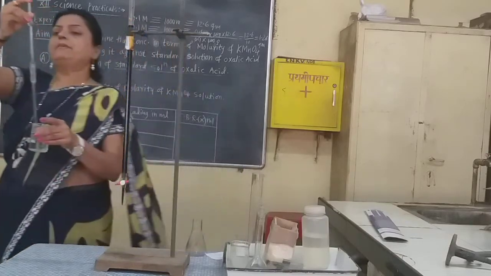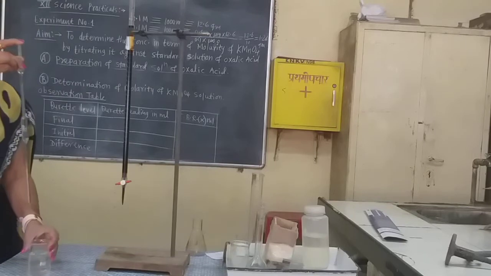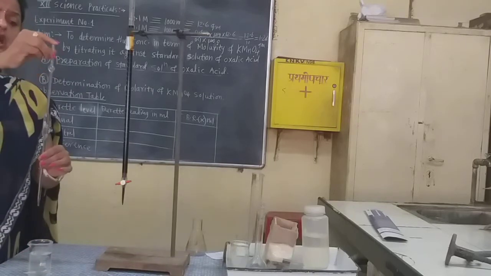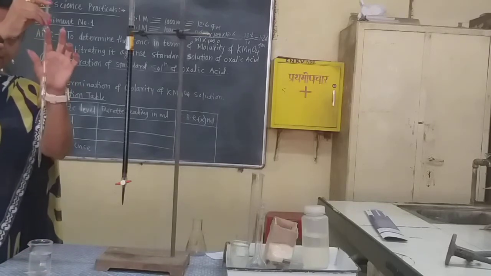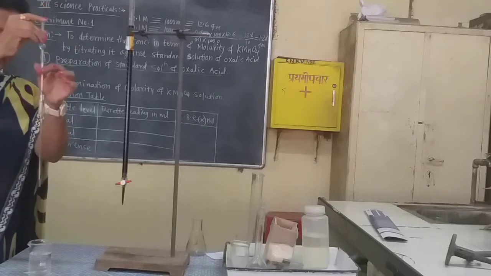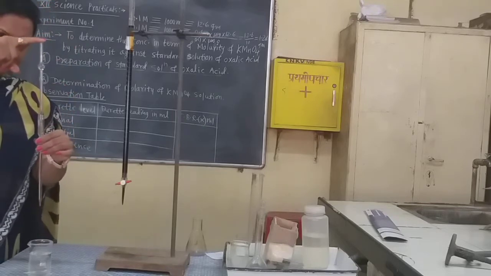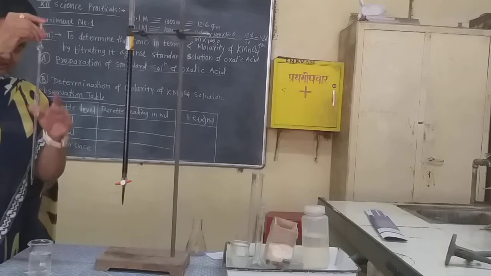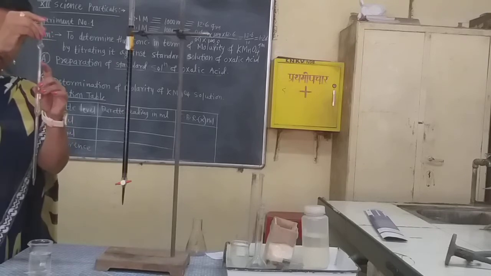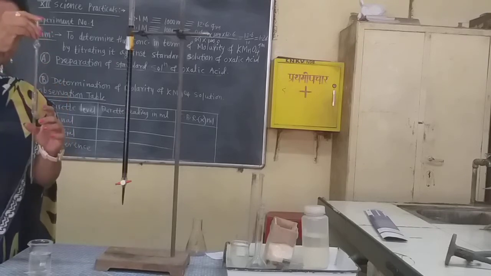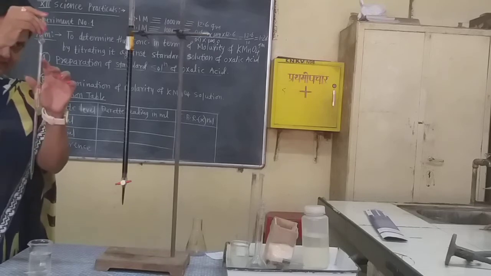Always pipette out the oxalic acid solution, or any pipette solution, up to the upper bubble, and then adjust it to the calibration mark of the 10 ml pipette. Here is the correct calibration of 10 ml.